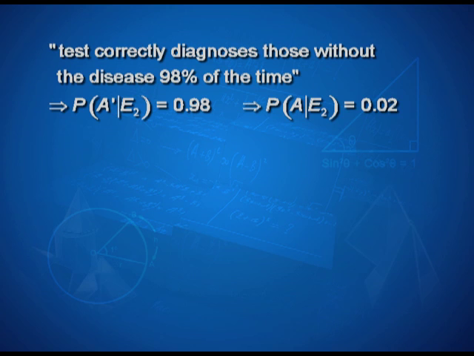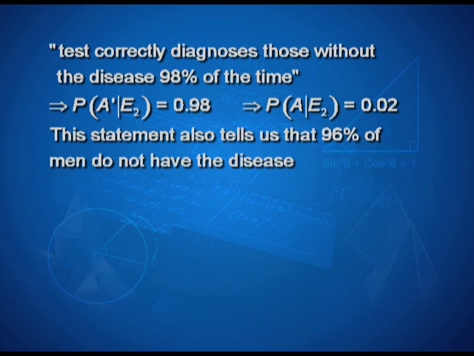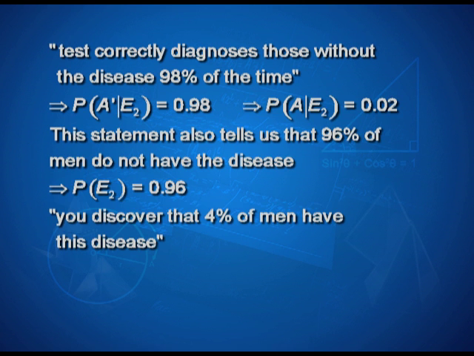Another part of the question tells us that 96% of men do not have the disease because 4% actually have it, and therefore the probability of E2 is 0.96. You discover that 4% of men have this disease, so the probability of E1 is 0.04. What is the probability that your friend actually has the disease given a positive result?